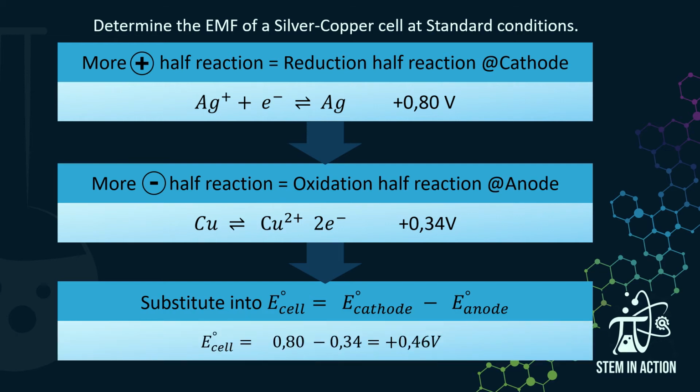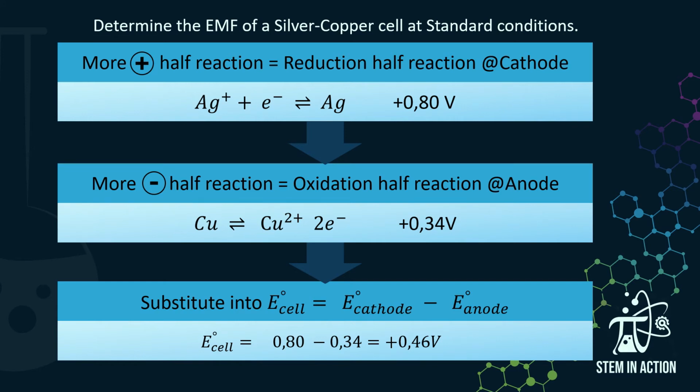If we substitute our E naught of the cathode as positive 0.80 volts minus the E naught of our anode, positive 0.34 volts, the maths works it out, and we get an E naught cell for a silver copper cell at standard conditions of positive 0.46 volts.